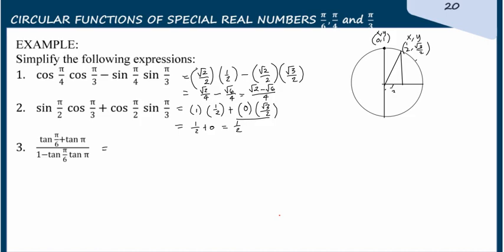And then, this one would be tangent pi over 6. So, saan nakalocate yung pi over 6 natin? Yung pi over 6 is here, right? So, meaning, our value there is gonna be square root of 3 over 2 tsaka 1/2. So, it would be now, your x is square root of 3 over 2, your y is 1/2.